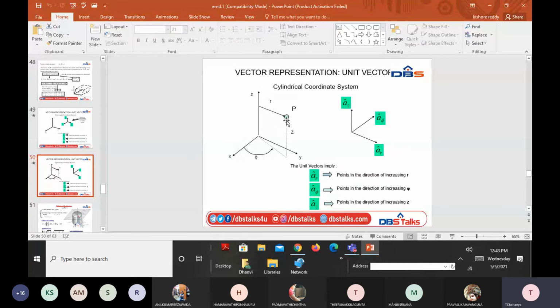So this is the diagrammatical representation of a cylindrical coordinate system to represent point P. The remaining is as usual: az is a unit vector along the z-axis, a phi is a unit vector along phi, and ar is a unit vector along the radius.